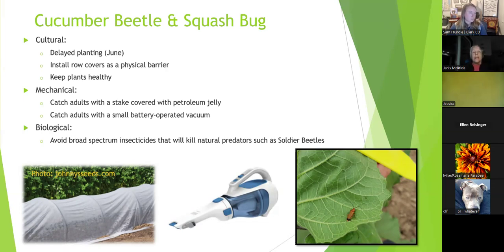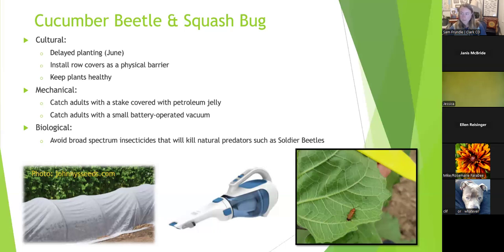So culturally, what can we do to get rid of these guys? We can delay our planting. They're very prolific in the early spring, and that's when they lay. The larva is active and then it goes to the bugs. So if we delay our planting to mid to late June, they won't have much to eat.